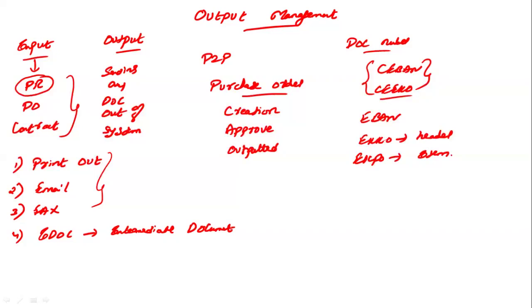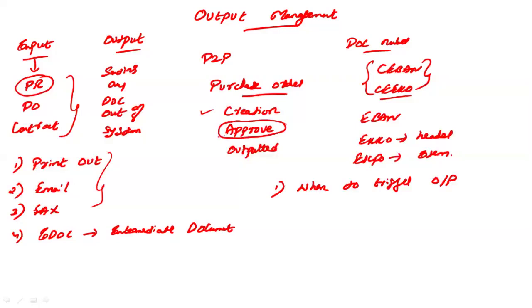Okay, the only question comes when this output needs to be triggered. So when you're configuring this output management, you need to think of three questions. First thing is when. When to trigger output. I already answered this question, I guess. I said, once the PO is created, check for the approval flow.